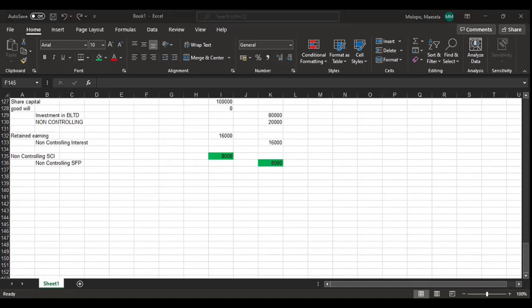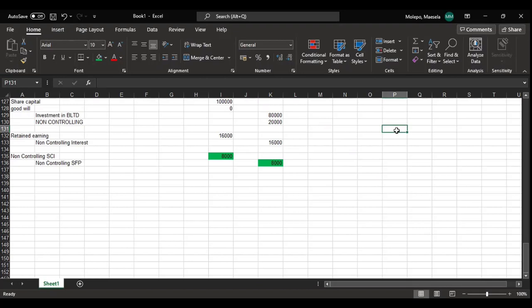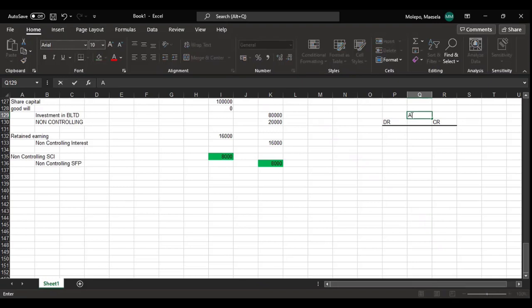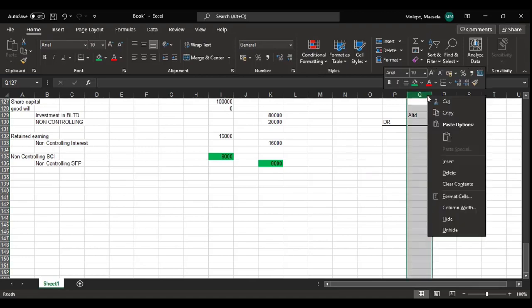Now, there was this adjustment, or a statement whereby they were saying adjustment number 3: A limited total sales to B limited 2008 amount to 100,000. So it means sales. So in the books of A Ltd, he had sales on the credit side, right?